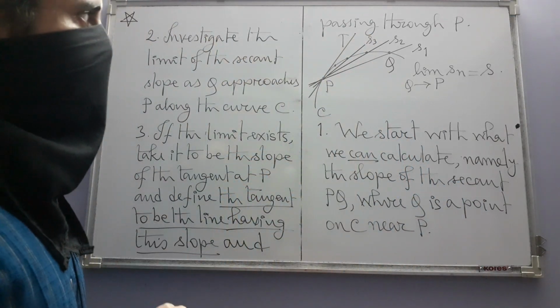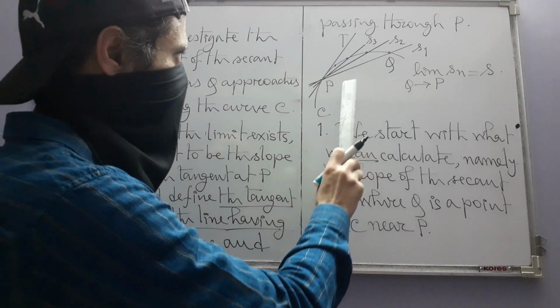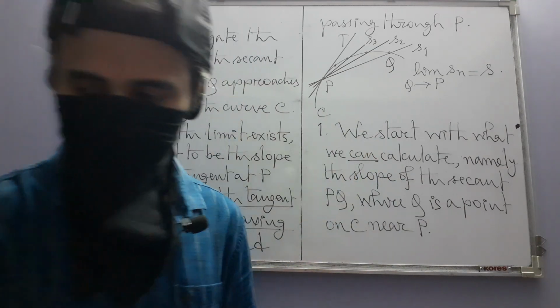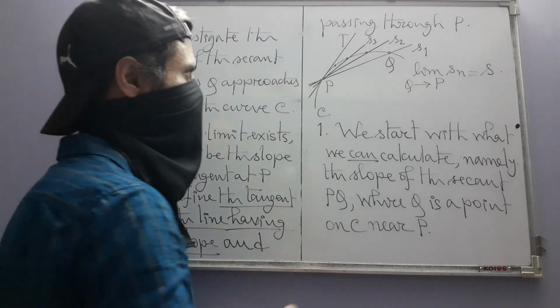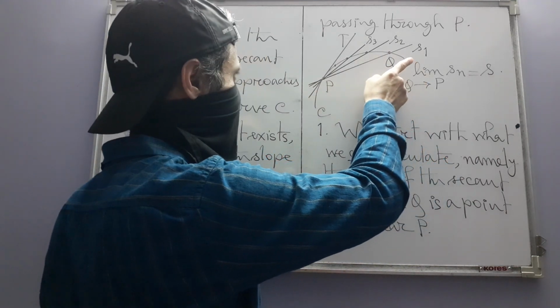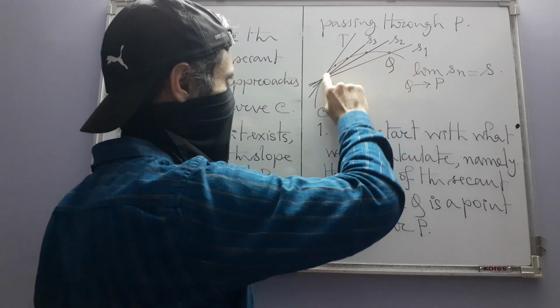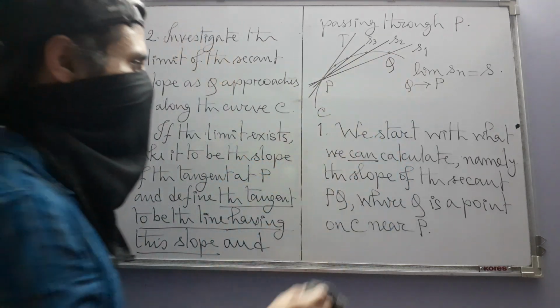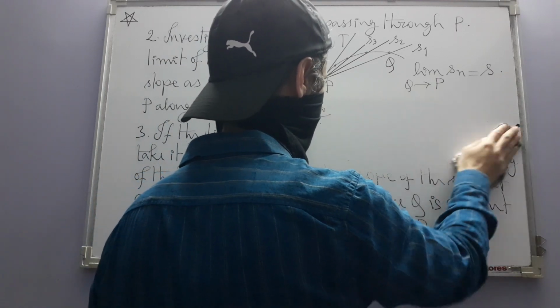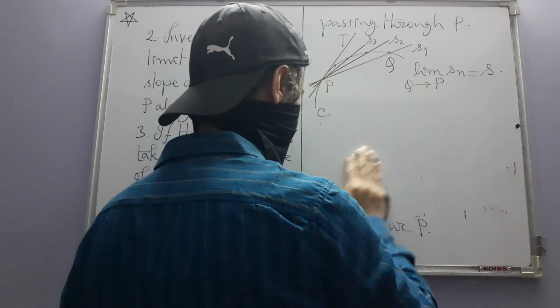And keep in mind that this has to be done from both sides. So here we considered Q that lies on that side of P and then brought Q closer and closer to P. However, you should also do this process by taking Q on that side.